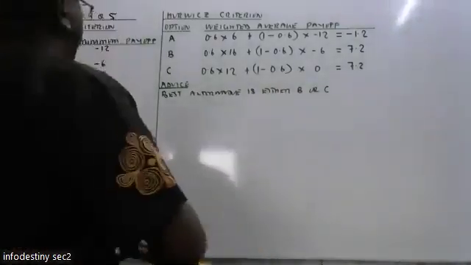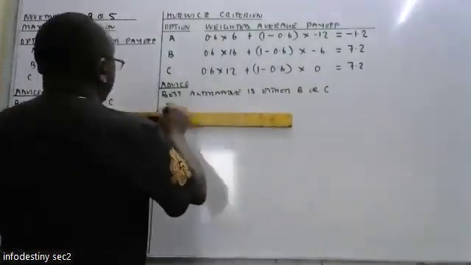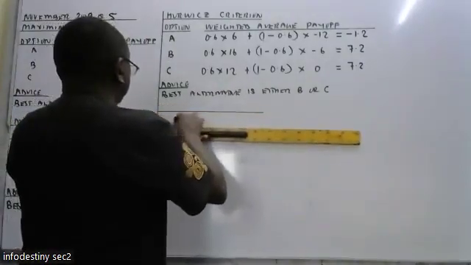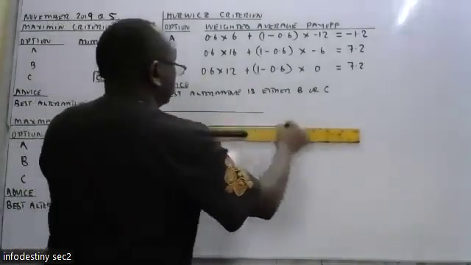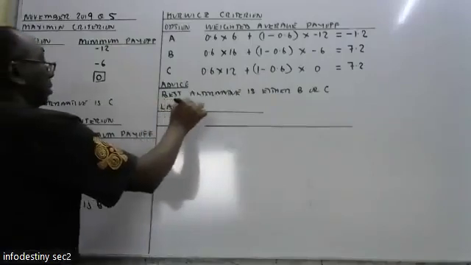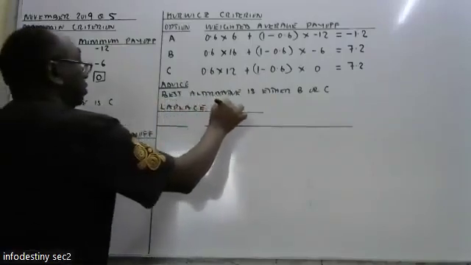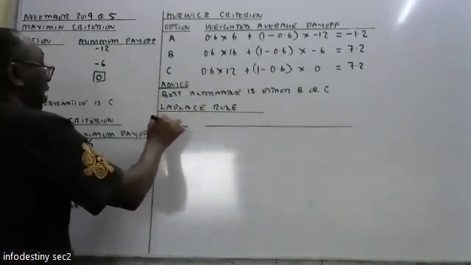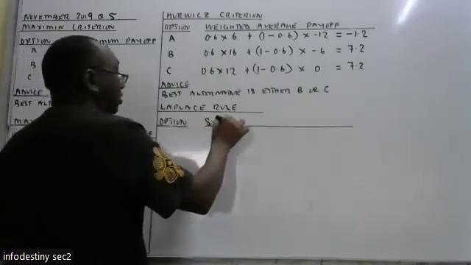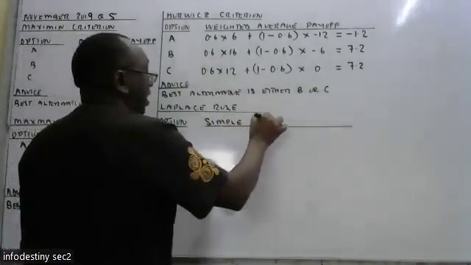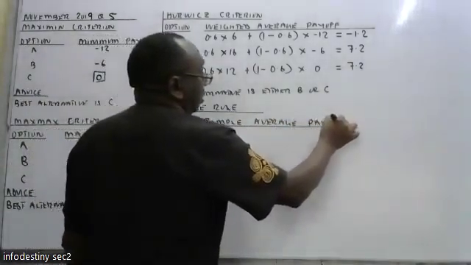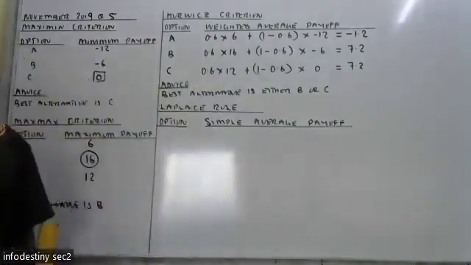Lastly, we have the Laplace rule. The Laplace rule, where we have the option, and then we compute something known as the simple average payoff.